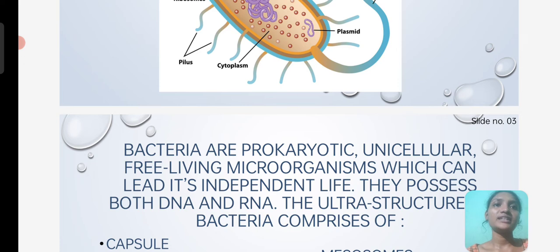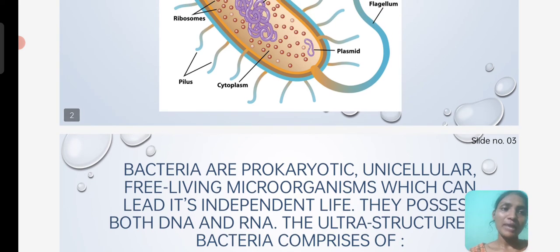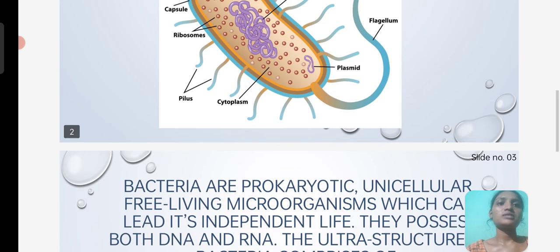Here we see the plasmid structure. These are small circular extra-chromosomal genetic material in bacteria, and they confer resistance to the bacteria. Here two types are there. Bacteria having F plasmid are called F plus, which means male bacteria, and those without F plasmid are called female bacteria. These are the types of plasmid.